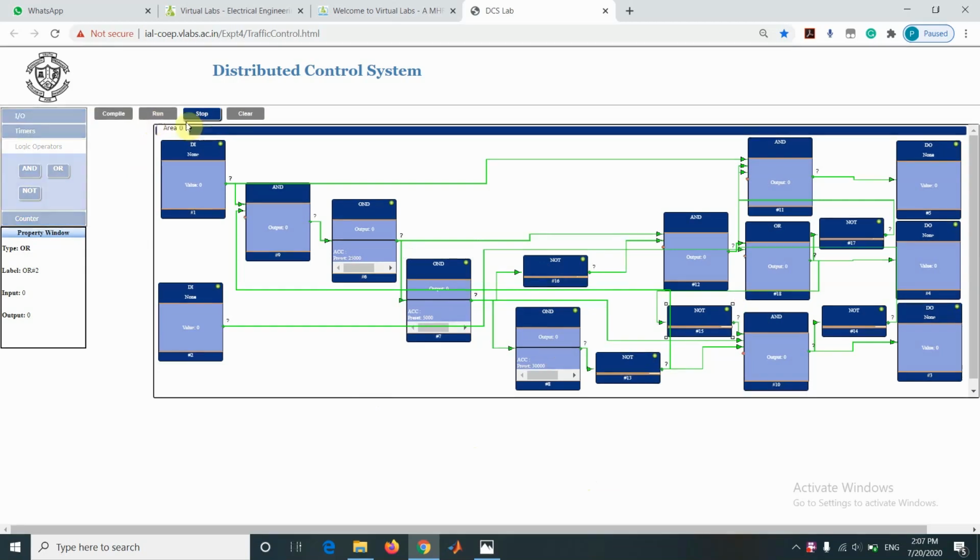Compile, run, and we toggle the first input and not the VIP arrival signal.